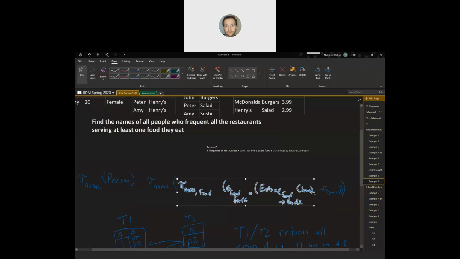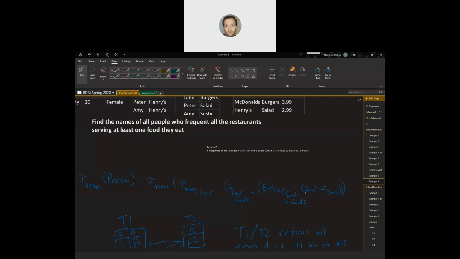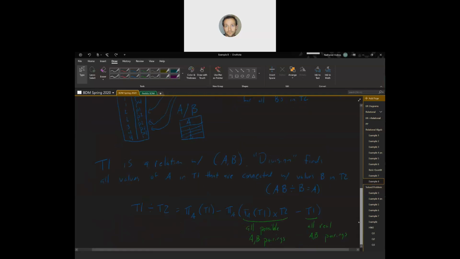Oh boy. So this is just like the previous query, except for the frequents and this part, they're reversed, basically. Yeah, I don't know. Maybe this is a simpler way to try to understand this.